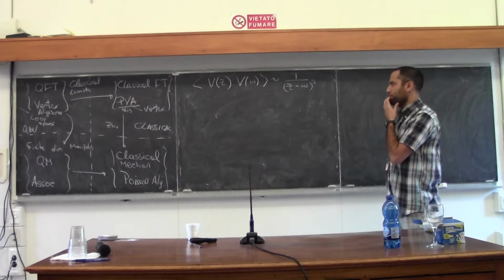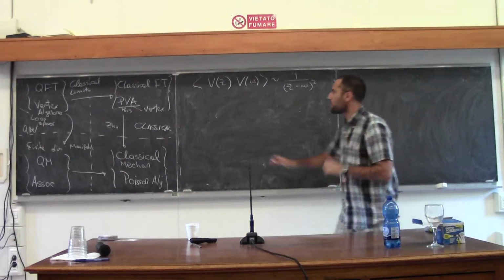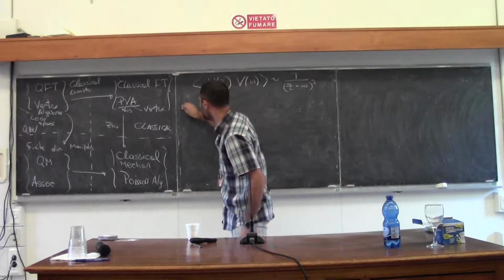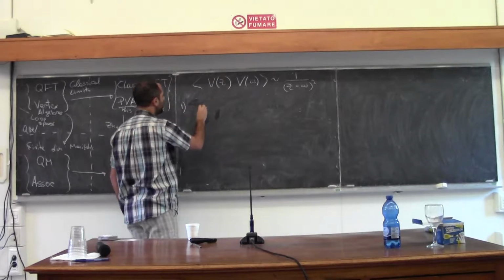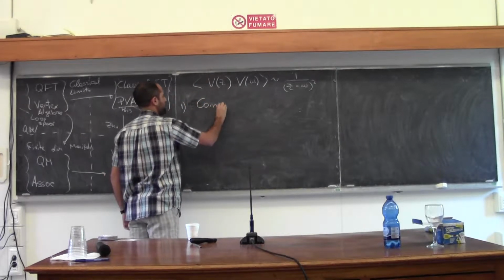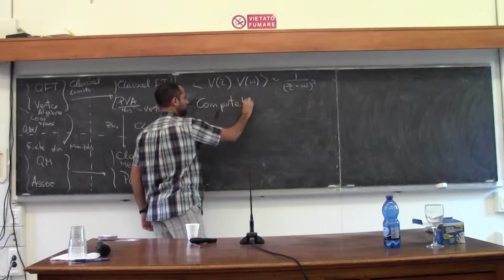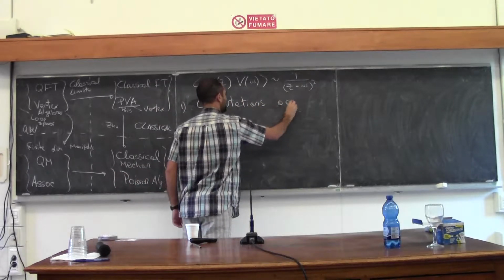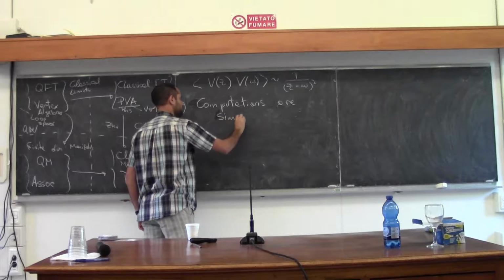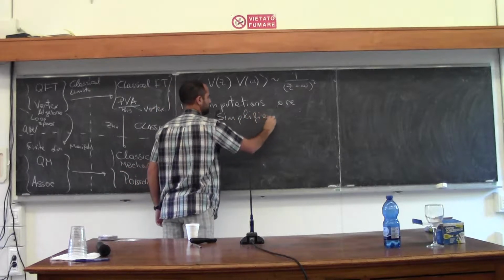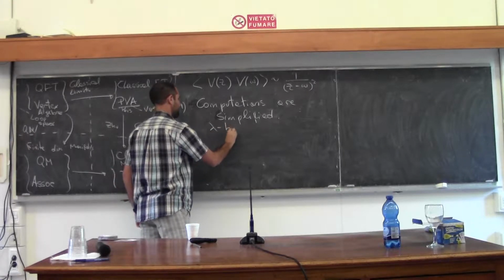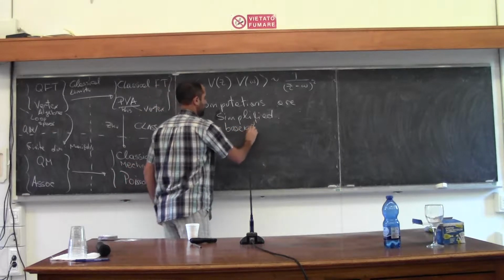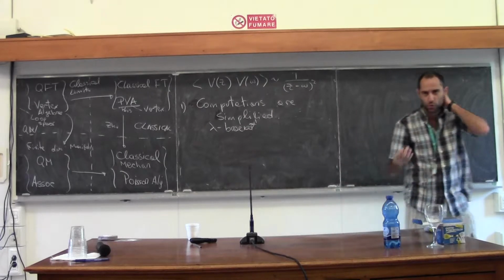But anyhow, let's start. So there are 3 objectives that I want to do. I want to first sell you something. So I want to claim the following. Computations are simplified by a formalism that is called lambda brackets. But this is nothing that you don't already know.